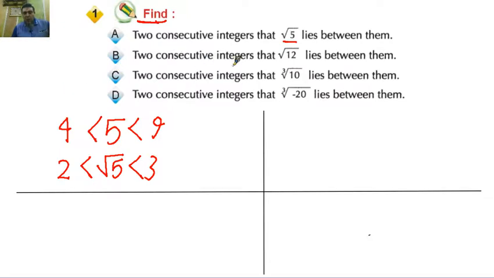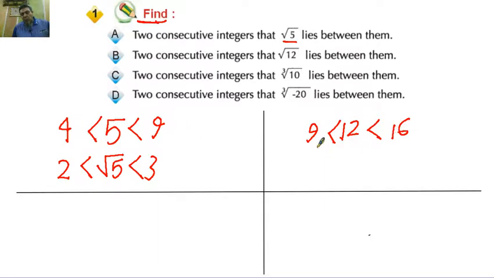Part B: two consecutive integers that square root 12 is between. We take the perfect square less than 12, which is 9, and the perfect square greater than 12, which is 16.